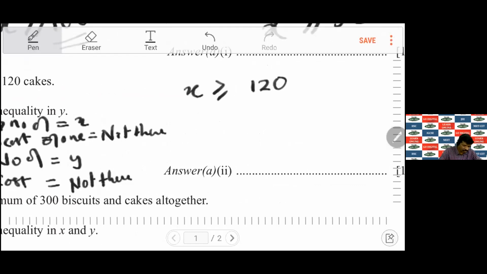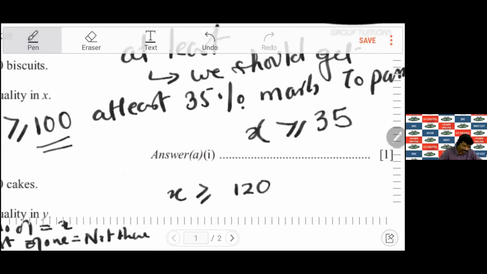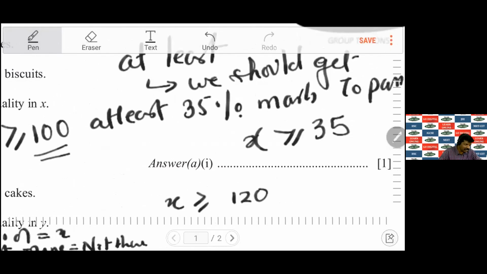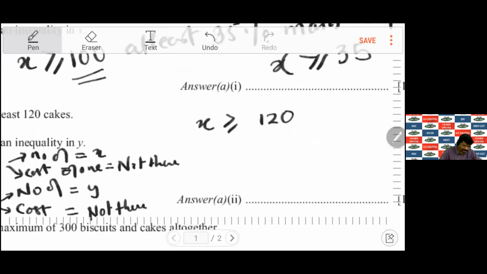Once you learn the first part, you know the second part very fast. For the second part, you don't have to struggle. Once you know that X is the number of biscuits and Y is the number of cakes, then you can understand it fast.